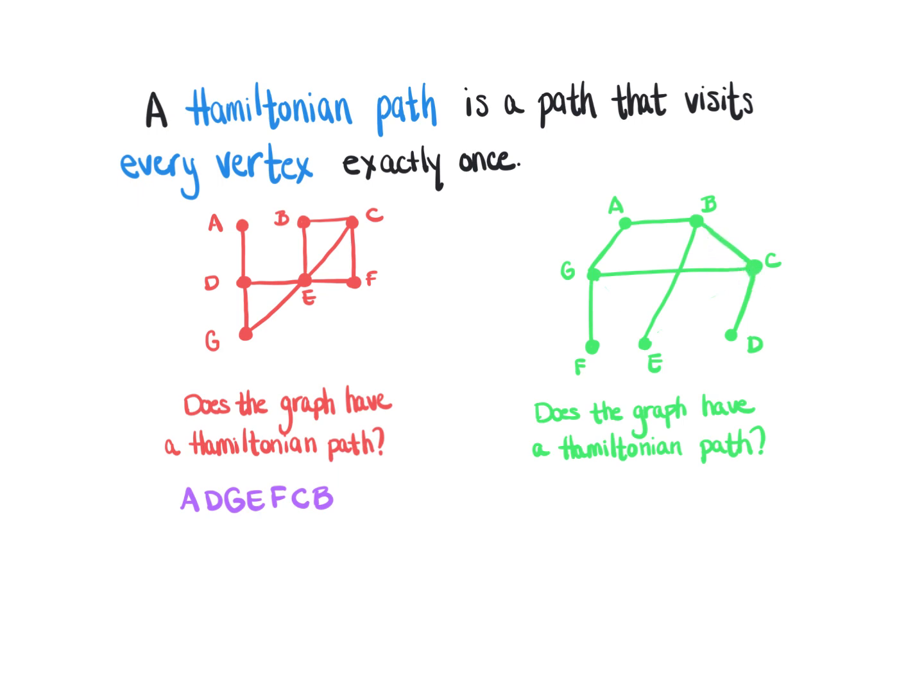There's no way to backtrack. So while we can start at any one of those vertices, what we discover is that we get stuck. Once we go out of one of those vertices and into another, there's no way to find our way back out without revisiting a vertex we have already been to. And so in this case, this graph does not have a Hamiltonian path.